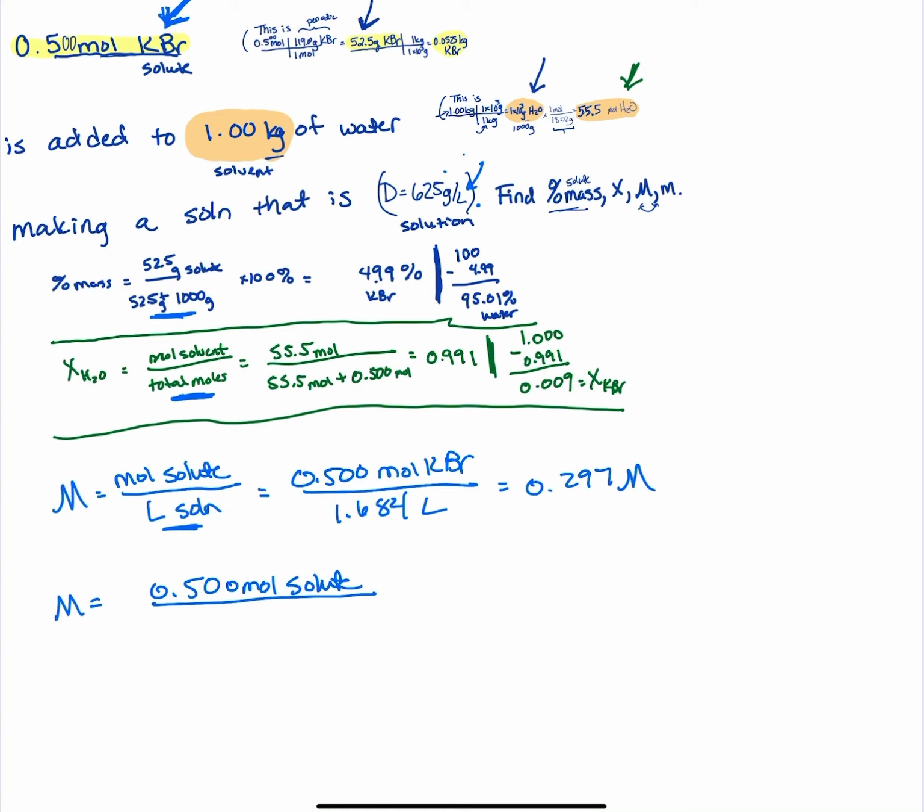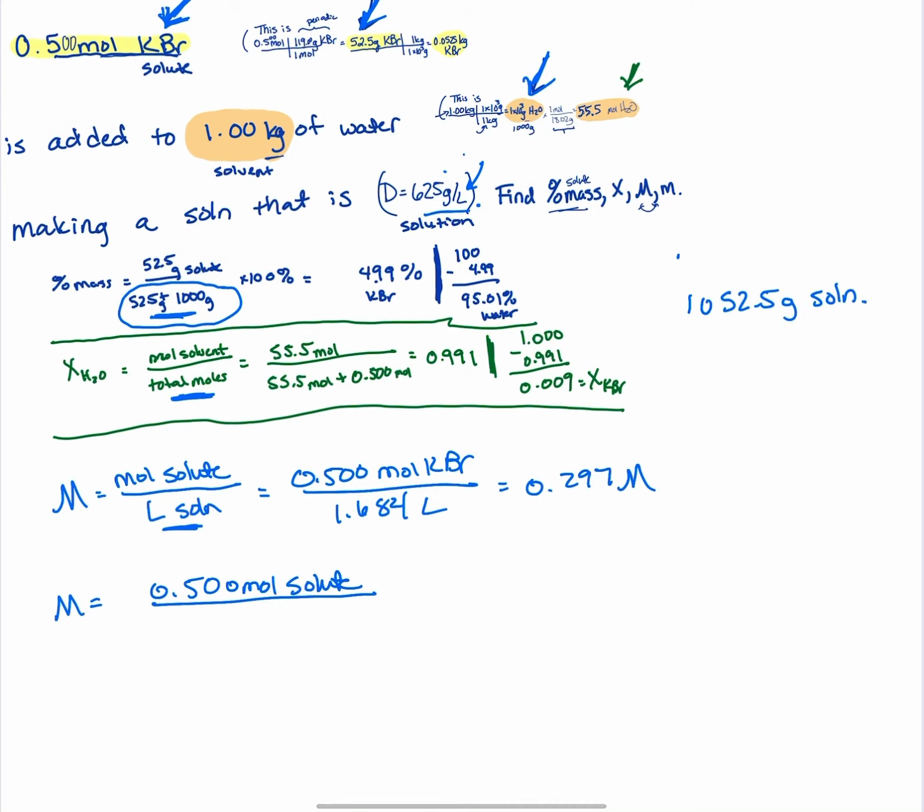So remember up here, we already figured out the total mass of the solution. So the total mass, when you add it together, it's the grams of the solute plus the grams of the solvent. So that's going to give us 1052.5 grams of the solution total.